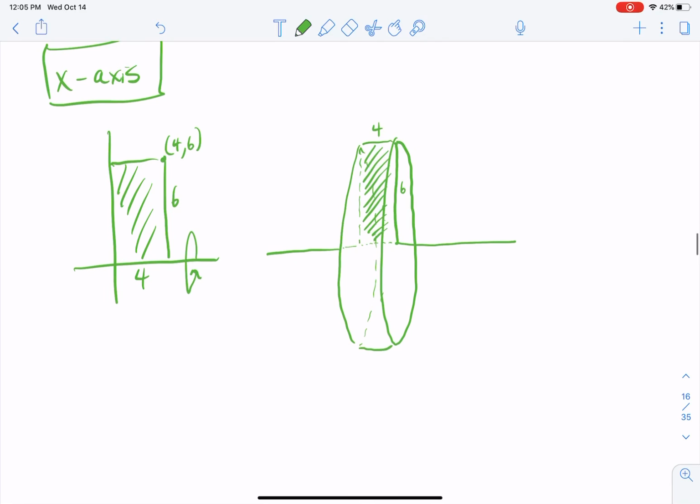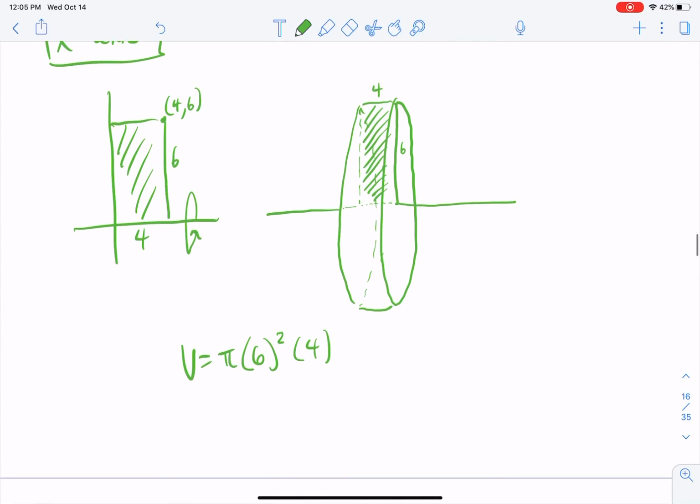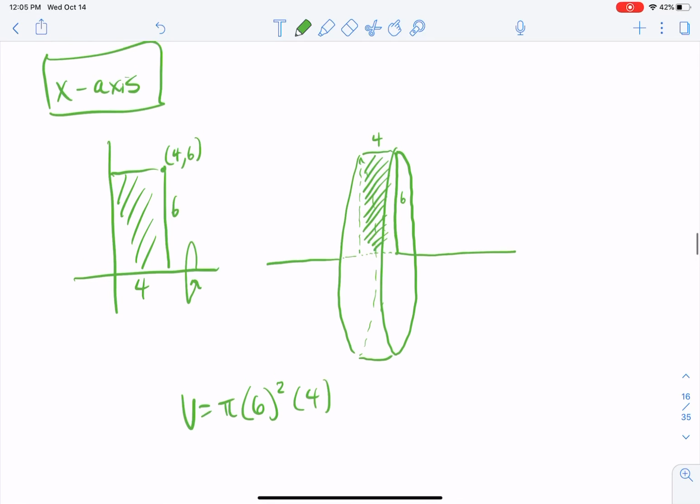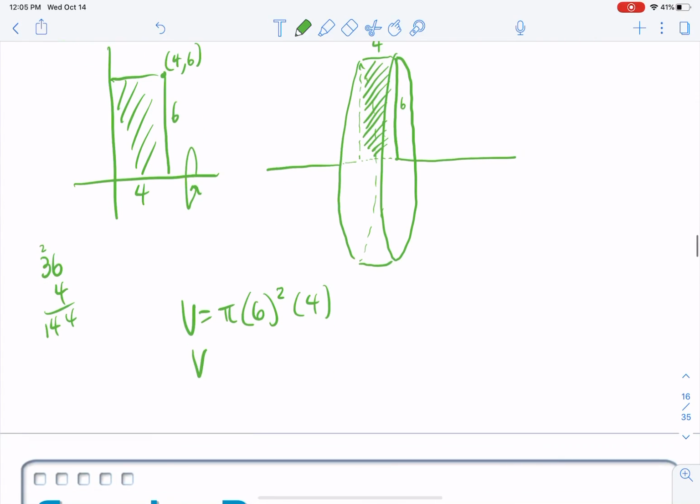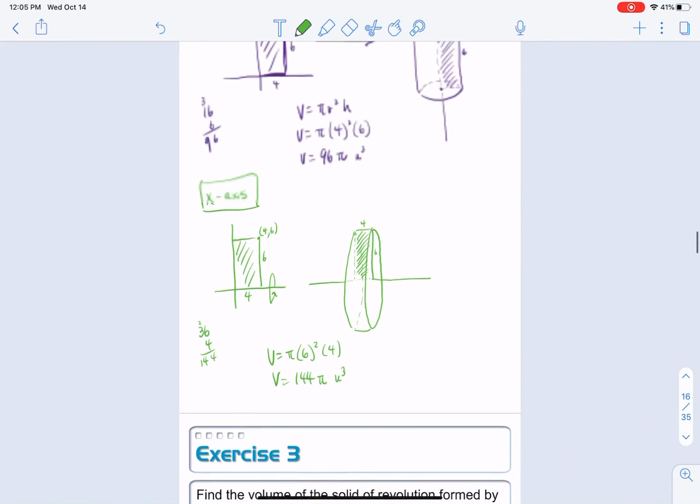So now whenever I compute my volume, it's pi times my radius 6 squared times 4. Even though it uses the same numbers, it's using those numbers in different places. I'm squaring the 6 this time, so I got 36 times 4, which is 144. I think we have a winner: 144 pi units cubed.